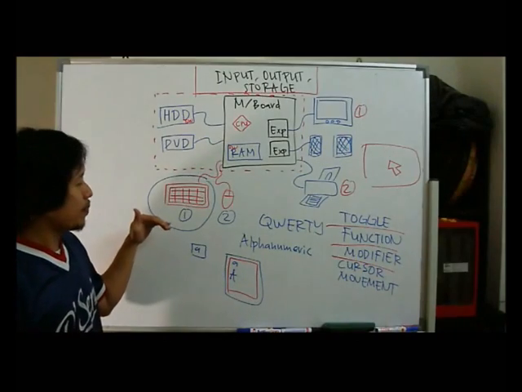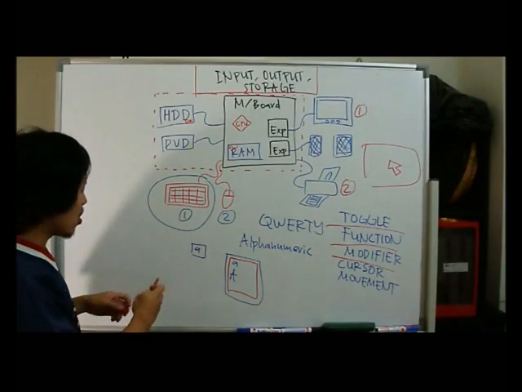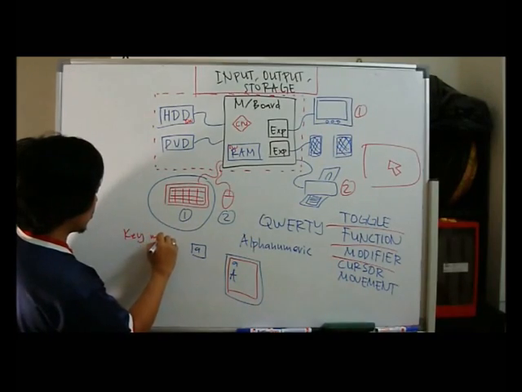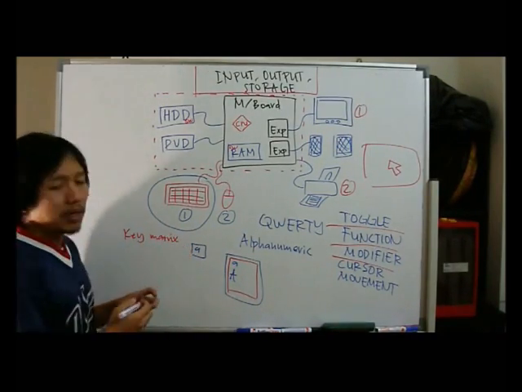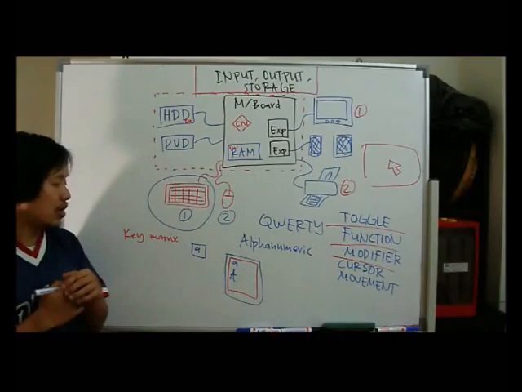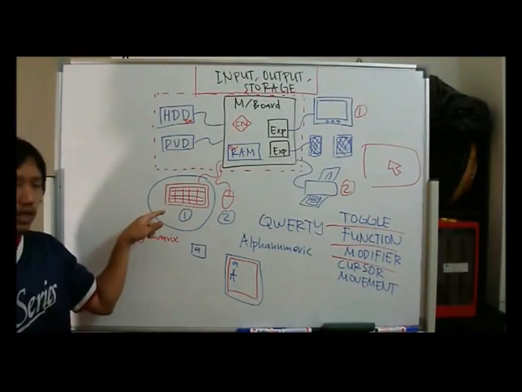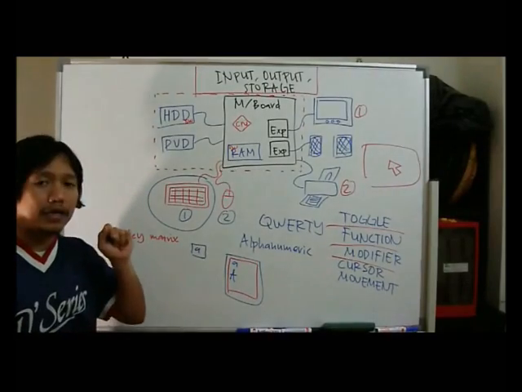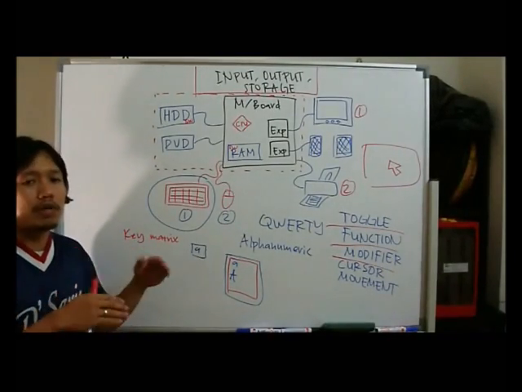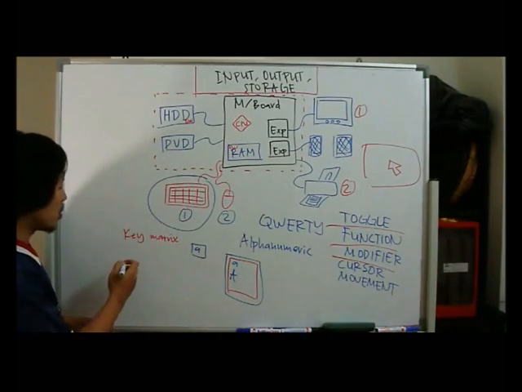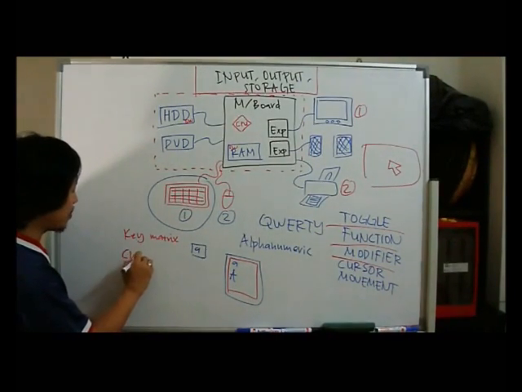Underneath the keyboard, we have this thing called the key matrix. Basically, it's a grid of circuits, and the grid of circuits corresponds with the keys being pushed. Once you press on one key, a certain electrical impulse will be sent, and this electrical impulse will correspond with what we call the character map.